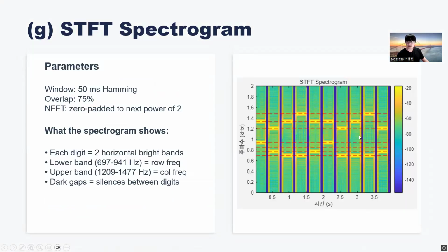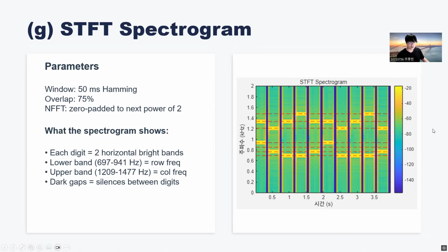After that, I tried to conduct an STFT spectrogram visualization. STFT is the short-time Fourier transform. As a result, we can see that the yellow lines are the peaks of each signal, and the green is the other parts, and the darker side is the gap between signals.